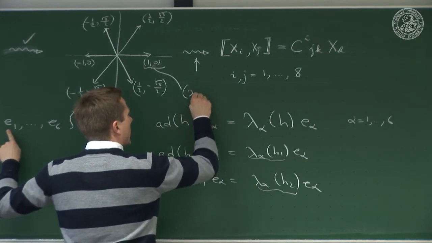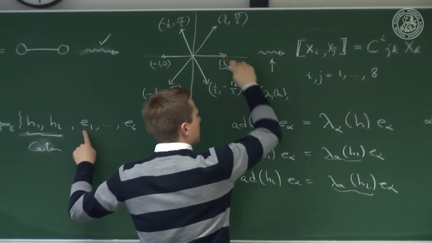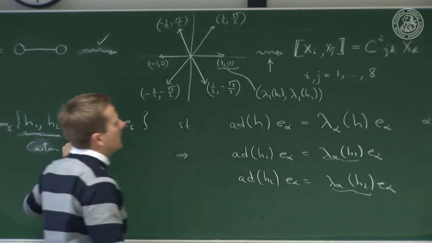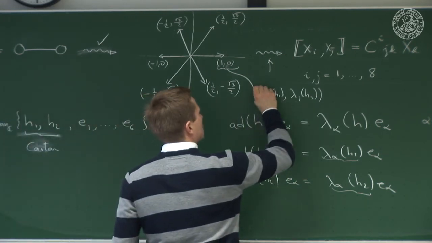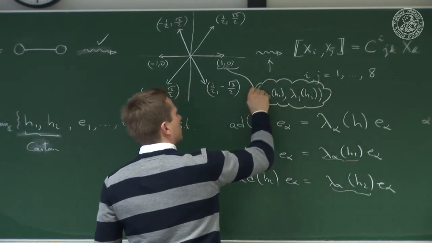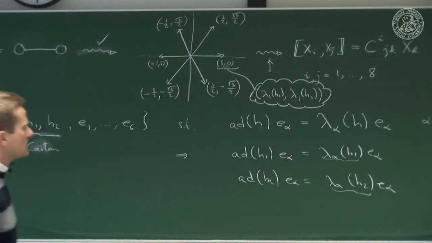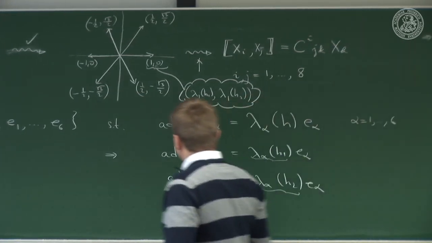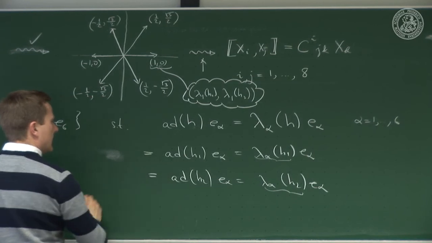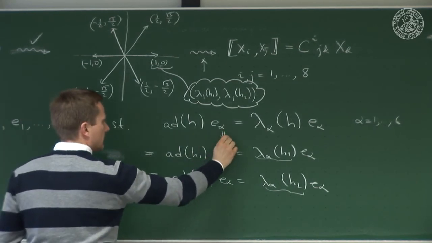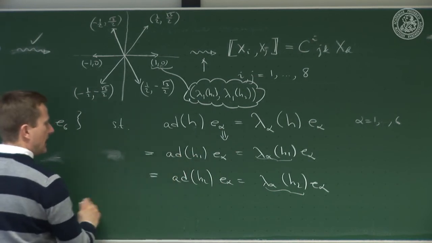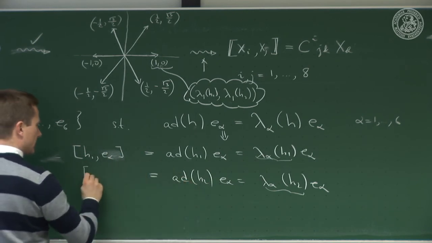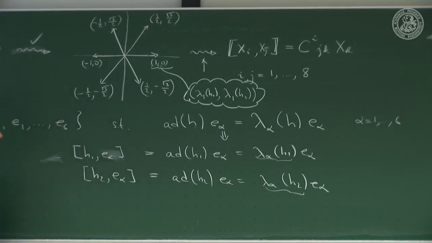It's lambda_1 of H1. And the second member of this pair is still lambda_1, but evaluated for the second basis element I chose here for the Cartan subalgebra. So actually taking this into account, this is one thing. And the other thing is that this ad, so I should write here an implication arrow like this, but this adjoint action is nothing but the bracket of H1 with E_alpha. And this adjoint action is simply the bracket of H2 with E_alpha.